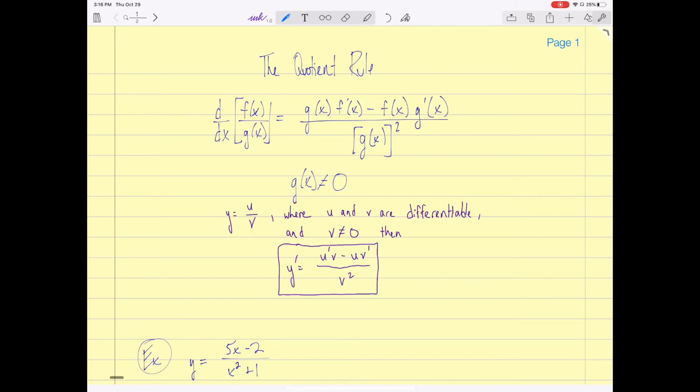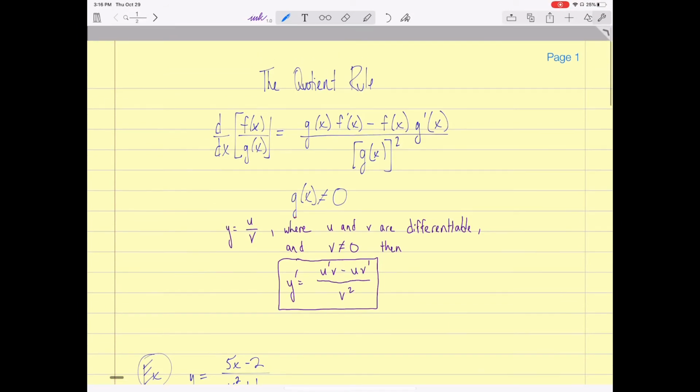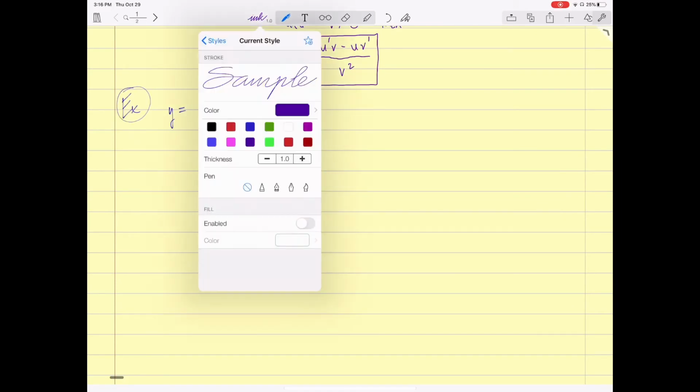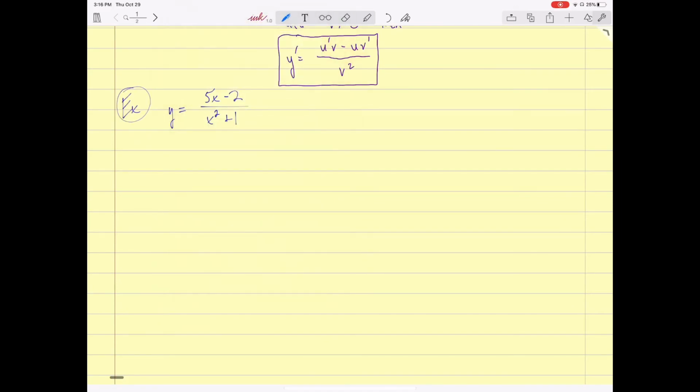Okay, so let's apply this to a couple problems here. Let's look at 5x minus 2 divided by x squared plus 1. So I am going to designate the u as 5x minus 2, and the v is x squared plus 1. All right, so I will just apply this directly. Y prime.